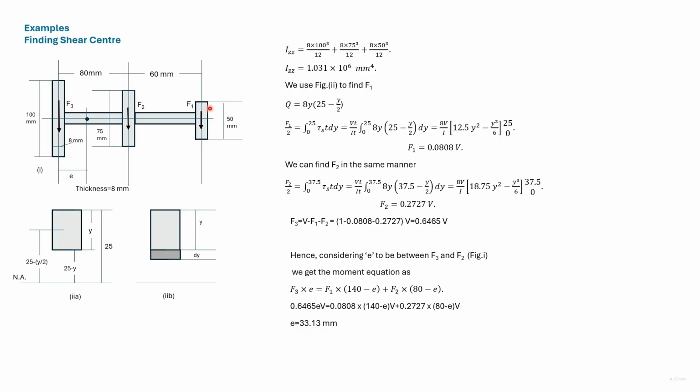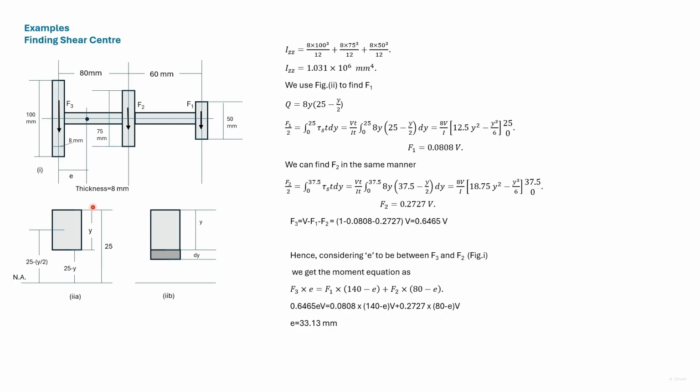Now F1 plus F2 and F3 would be equal to the shear force V. So we can get F3 by subtracting F1 and F2 from V. We have now got the three forces and the moment of the forces about the shear center will be 0. We assume that the shear center is in between F2 and F3.